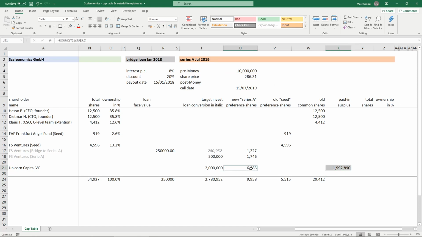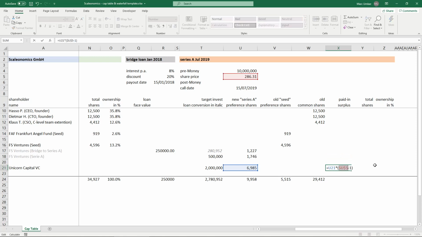Now in total, this is the amount that Unicorn Capital actually invests in Scalenomics in this financing round, which is the sum of the nominal shares, which have to be paid in euros, plus the paid in surplus. The smallest unit of calculation in any cap table is the share price. And this is the reason why there are deviations between a target investment sum and the actual investment sum that an investor will make into the company.